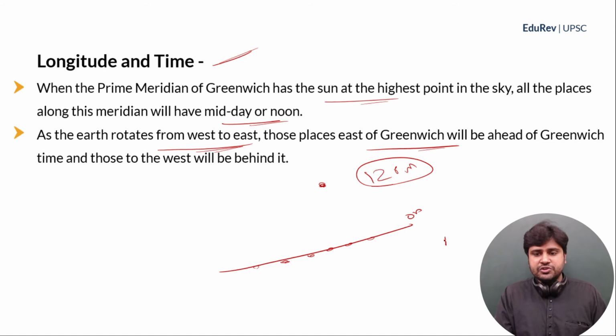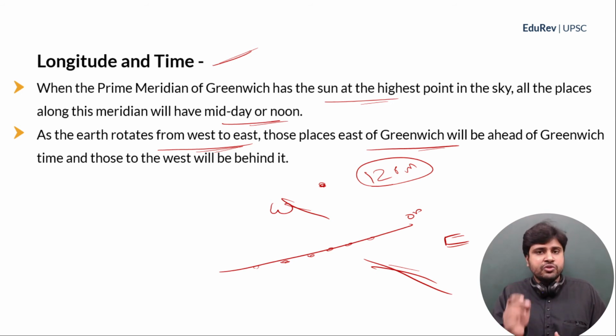So just consider this to be the eastern hemisphere and this to be the western hemisphere, and this is the prime meridian. Places lying in the eastern hemisphere will have time ahead of Greenwich time, and places lying in the western hemisphere have time behind Greenwich time, because the Earth rotates from west to east. Clear?